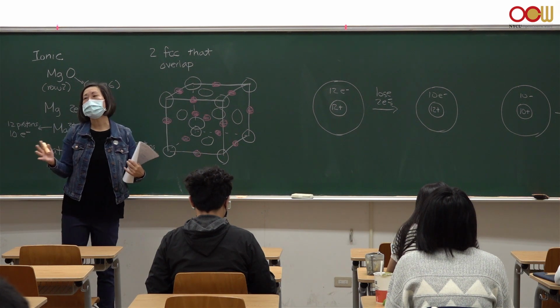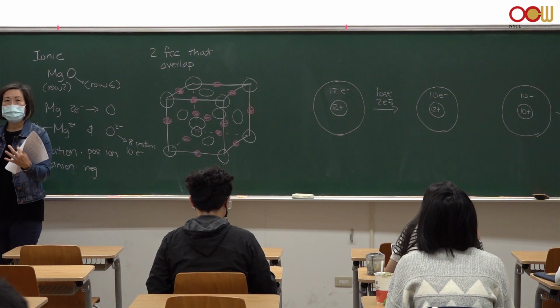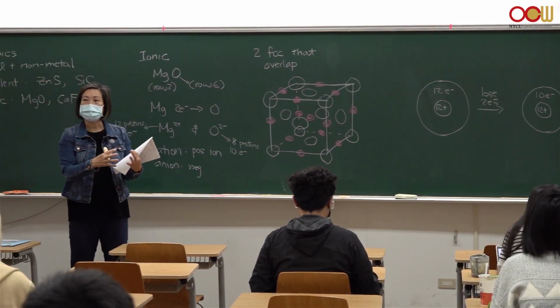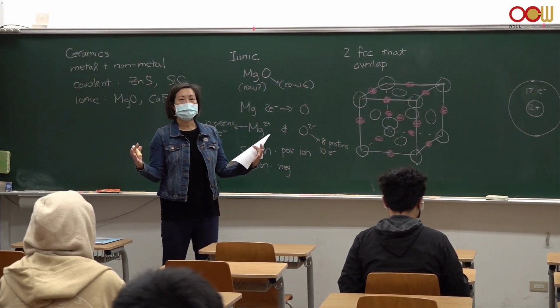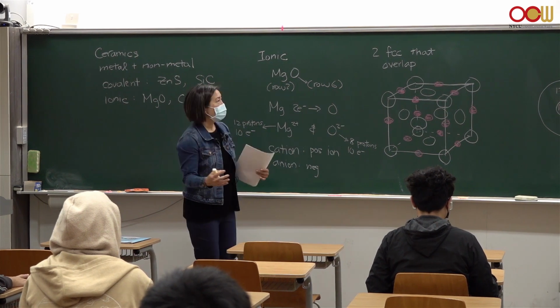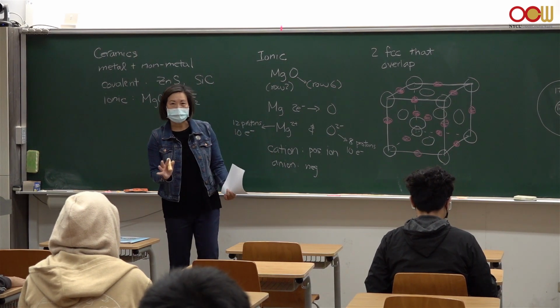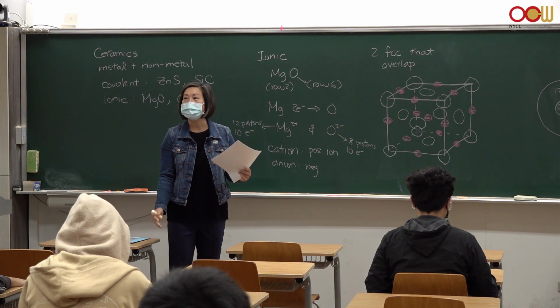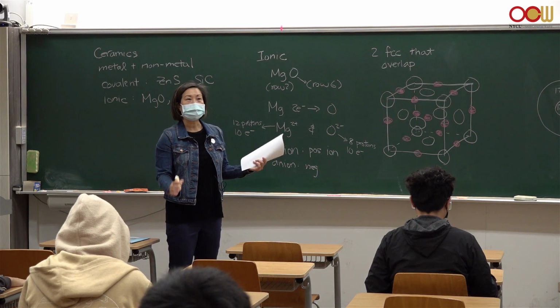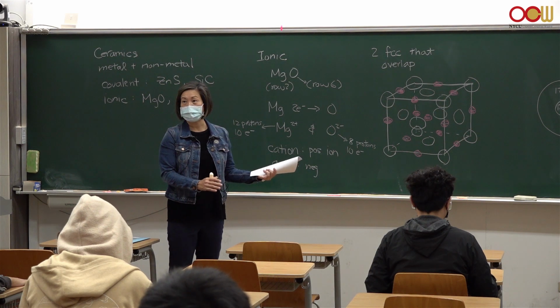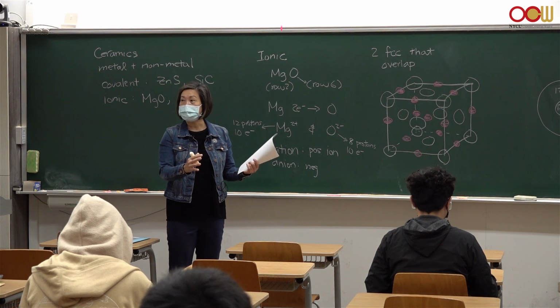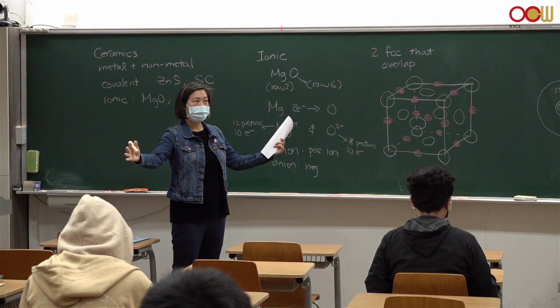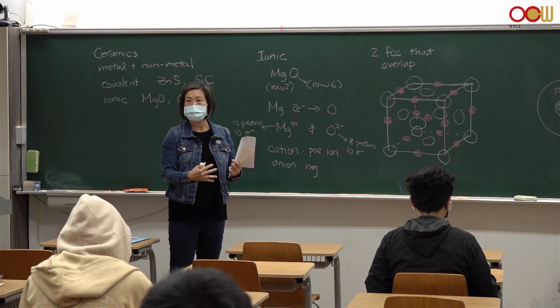So it's not just the number of electrons, but it's the balance between the positive charges in the nucleus and the negative charges in the electron cloud. So in general, not always, depending on how many electrons these elements have, in general, your anion will be bigger than your cation, because anions have gained electrons and cations have lost electrons.